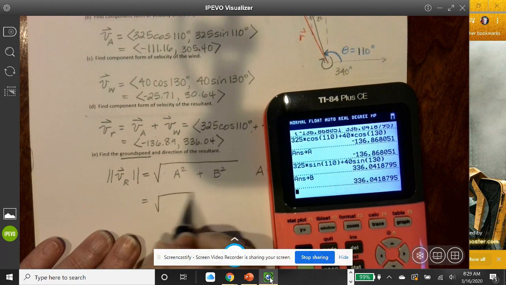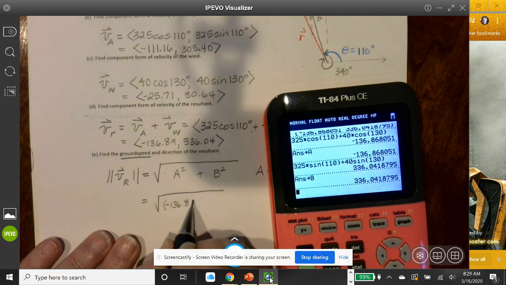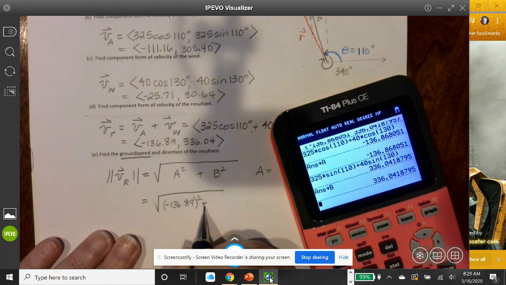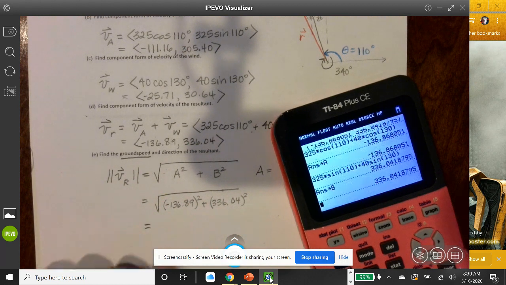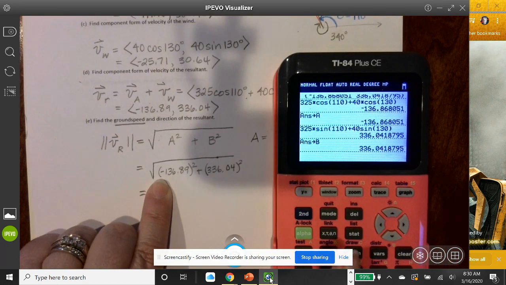And we can show our numbers here, but we've got the exact numbers in the calculator. So this would be negative 136.89 roughly squared plus 336.04 quantity squared. So I'm going to show this rounded answer, but in the calculator I'm going to put the exact.